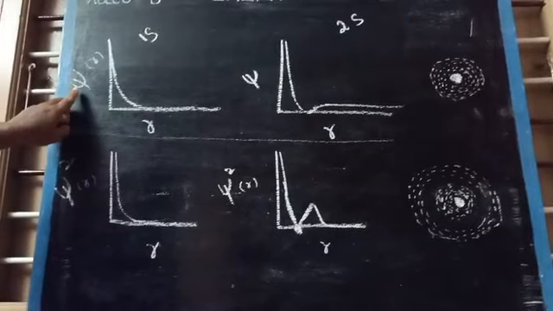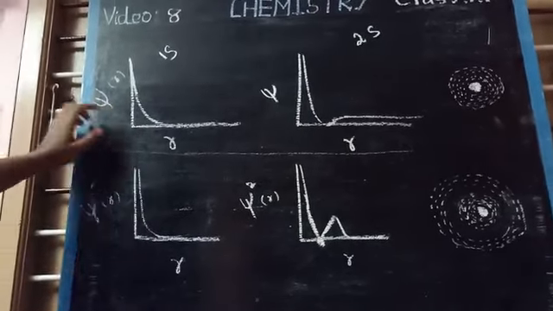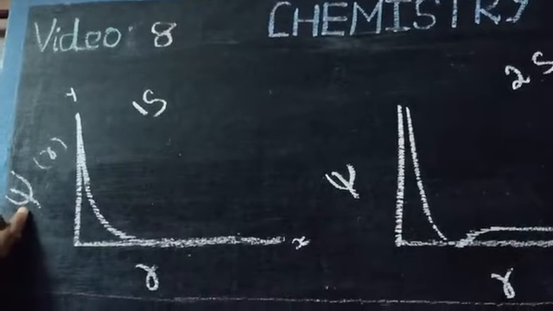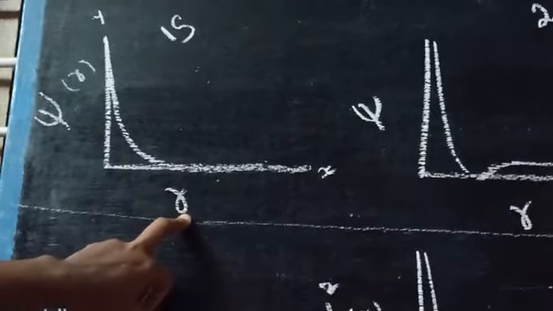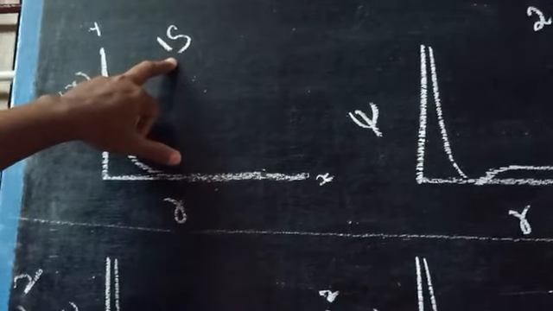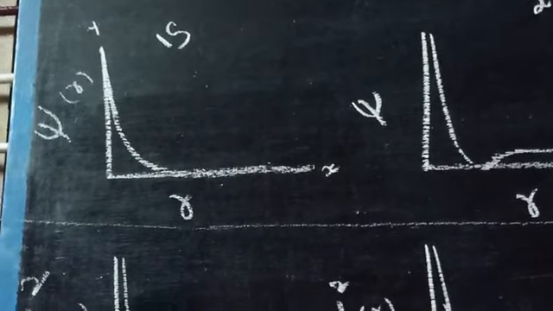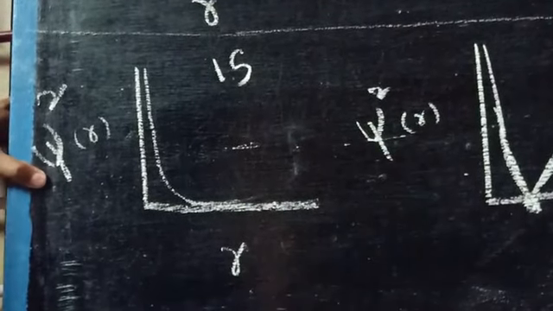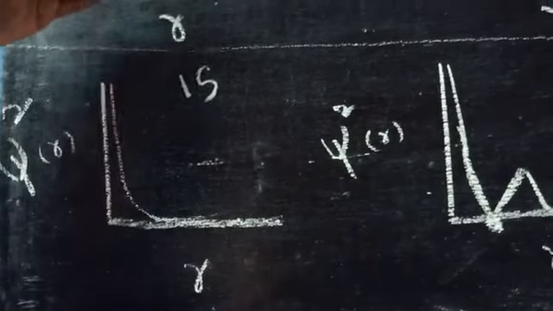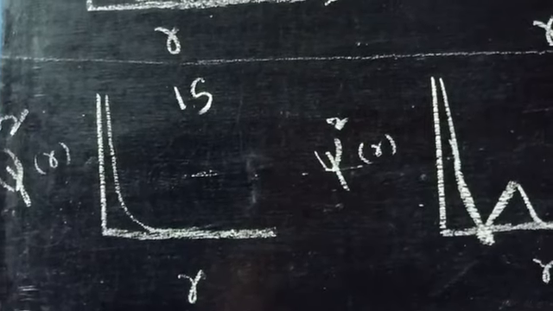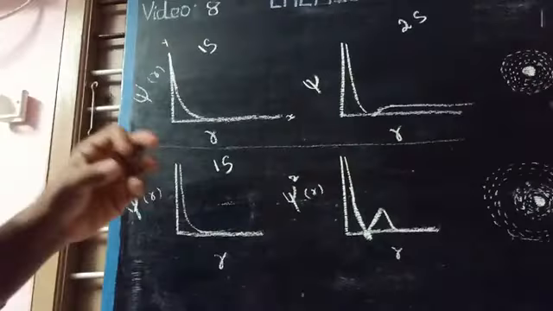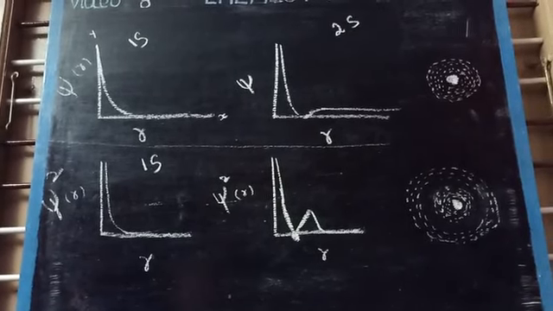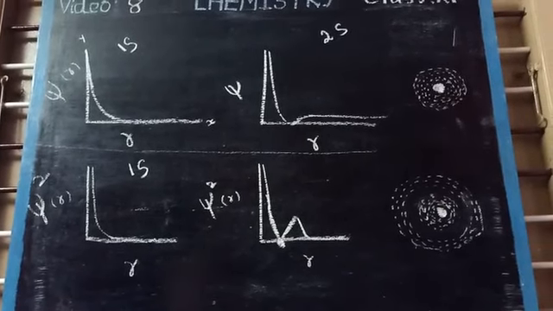The first one is the graph between x-axis and y-axis, psi versus R for the 1s orbital. And the next one is the 1s orbital psi square versus R. Why draw the two graphs? Because from the first graph we cannot get a clear idea about the probability density of 1s electrons.